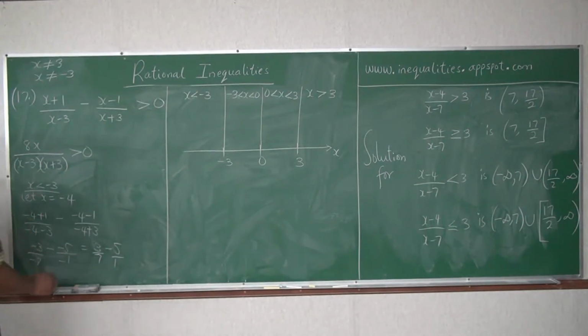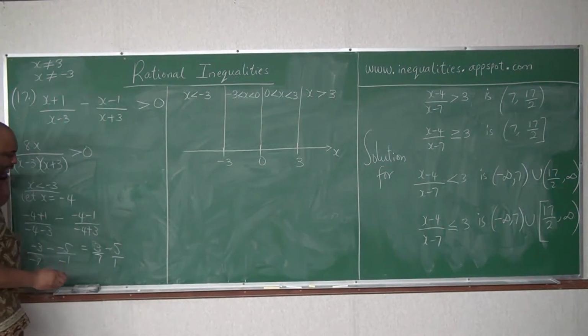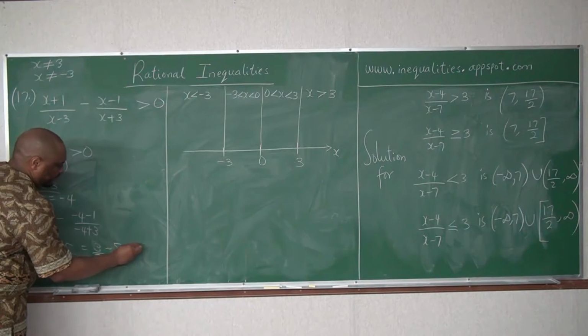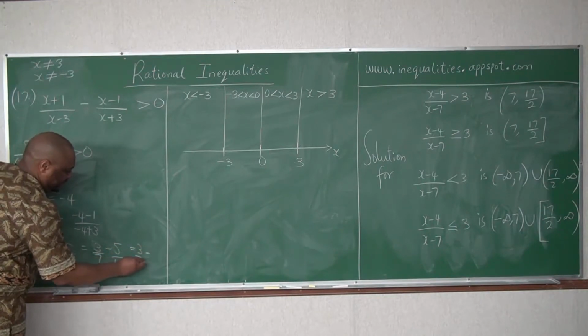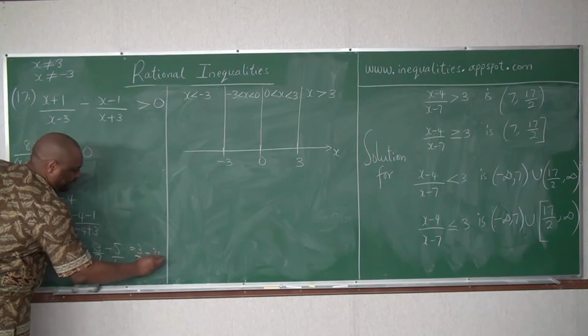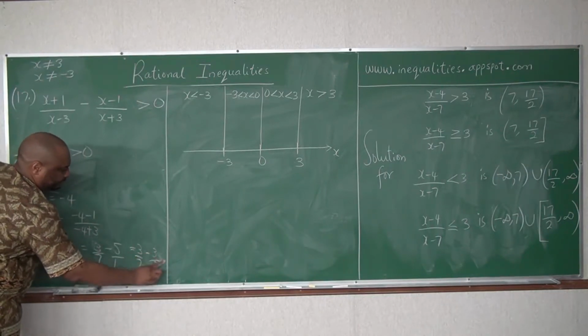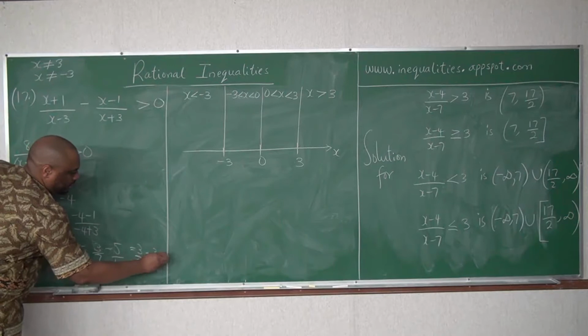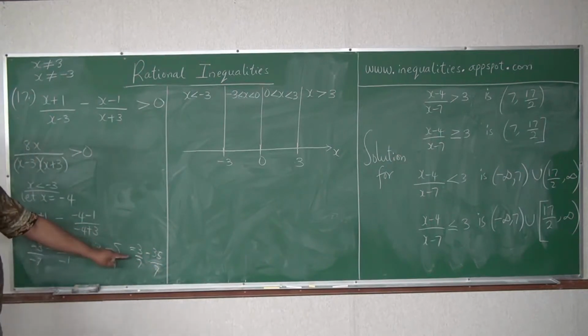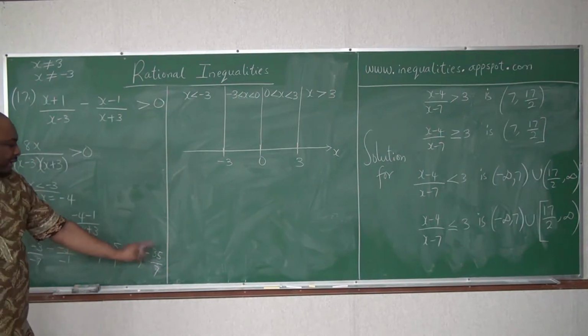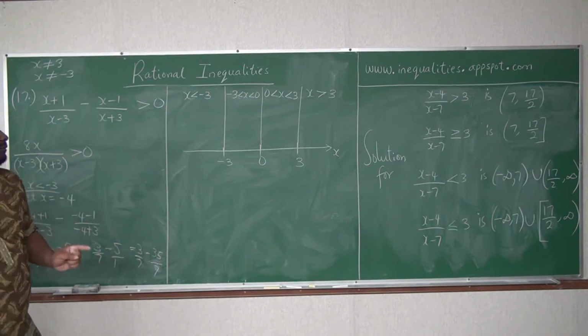So 3 over 7 minus 5 over 1. This gives us 3 over 7 minus 35 over 7. Right? So this gives us a negative number, because 3 minus 35 is negative.